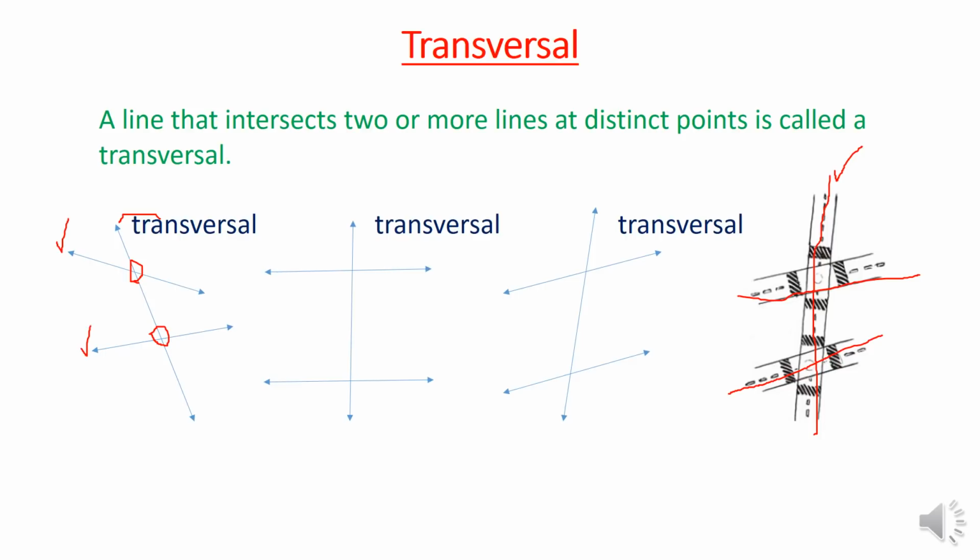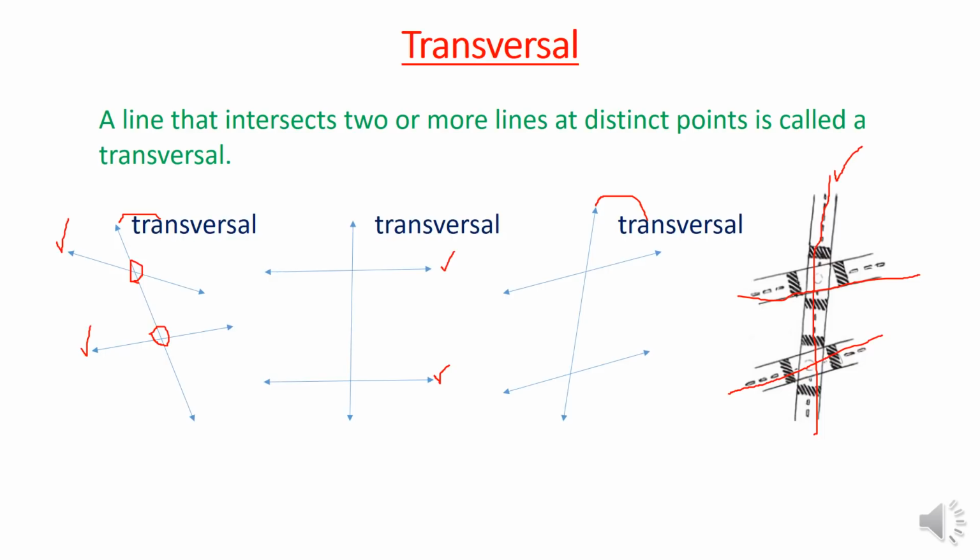Now, let us see the last figure. Here in the last figure you can see that the transversal is not a straight line. But in the middle figure you can see the transversal is a straight line, and the two lines which it intersects are parallel lines.